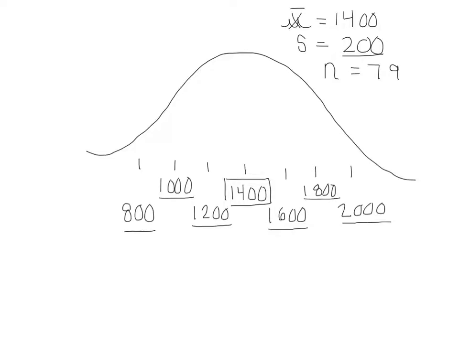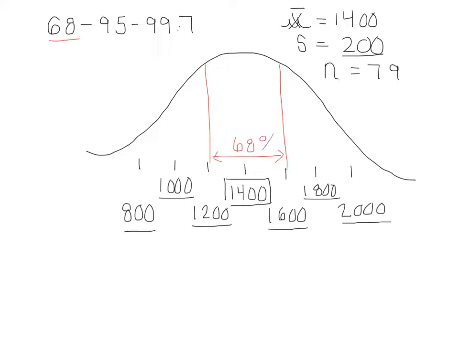So the question says to use the empirical rule. Now the empirical rule with normal distributions is also called the 68-95-99.7 rule. And this is what it tells us. I'm going to start with 68. If I go out one standard deviation below the mean and one standard deviation above the mean in a normal distribution, I should have about 68% of my observations lie within that interval.